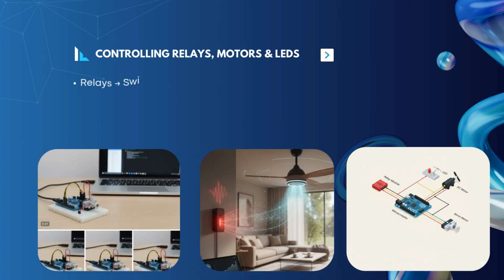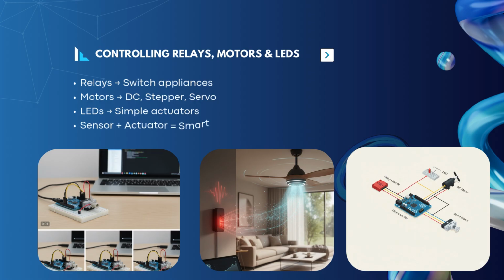Now, let's move from sensing to action. Actuators are devices that convert electrical signals into physical action. A relay allows us to control high-power appliances like fans and lights with a low-power microcontroller. Motors enable movement: DC motors for simple rotation, stepper motors for precision, and servo motors for controlled angles.